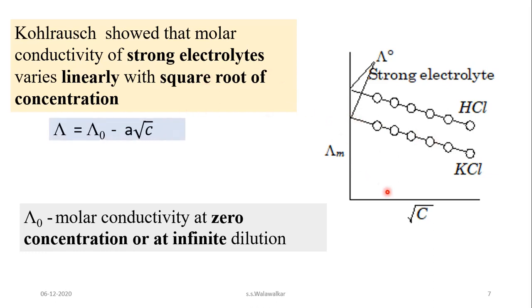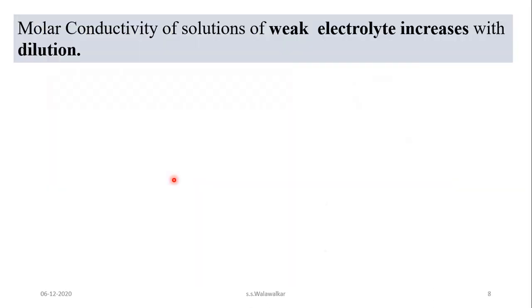And the relation between the molar conductivity and the molar conductivity at zero concentration he has given, and that is: lambda is equal to lambda 0 minus A into square root of the concentration, that is C, where this A is a constant and it depends upon the type of electrolyte.